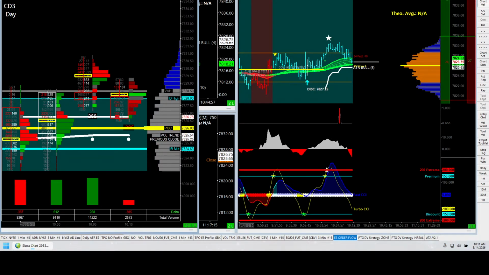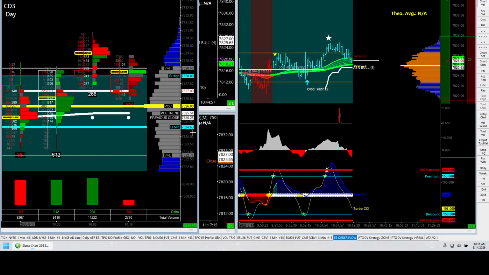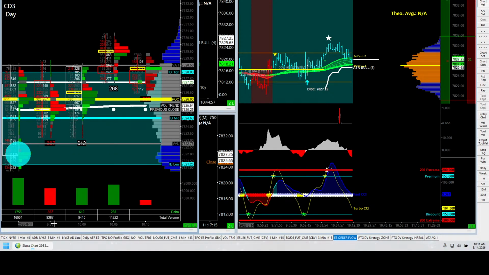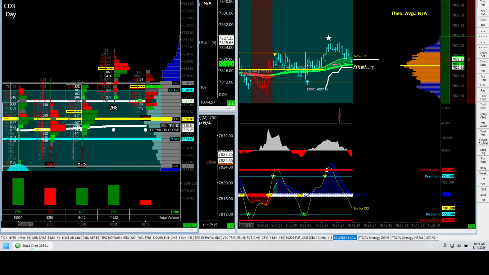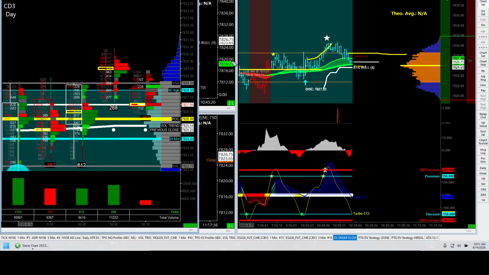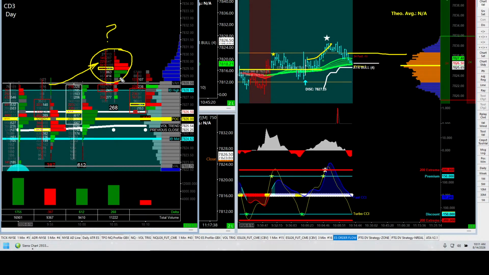Everybody see what I'm talking about? Trying to teach you to learn how to see the differences. Again, another push up above the value high, another push up right here. And look at this, there's really no volume.